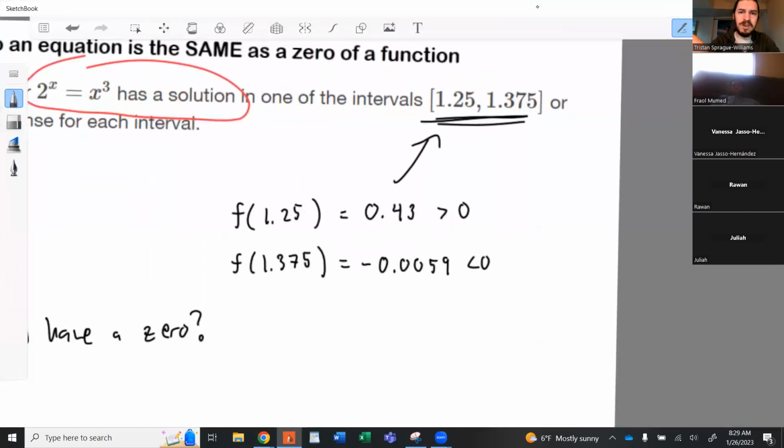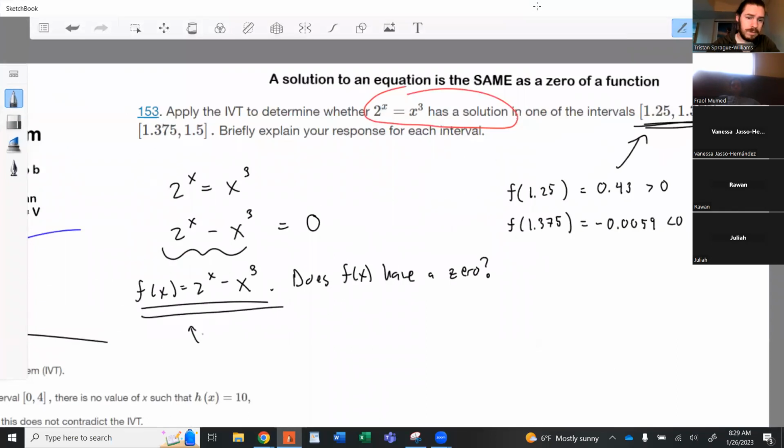So now, because we have one of them positive and the other one negative, and because this is continuous, it's two continuous functions added together.